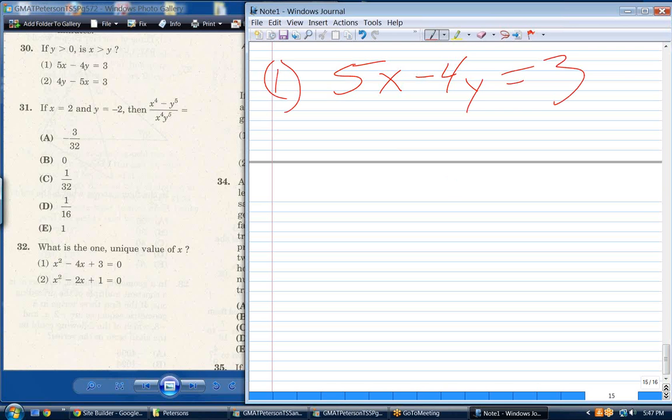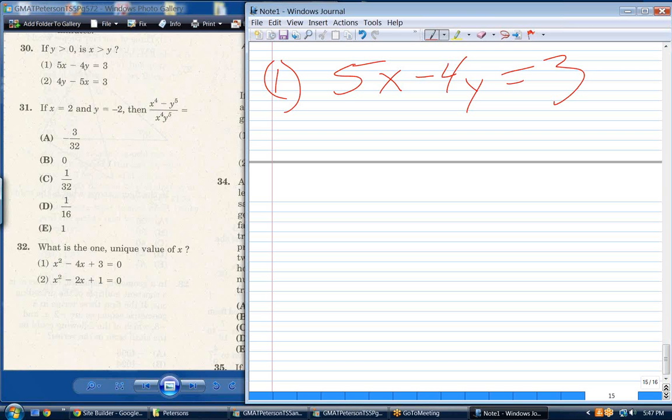Not that easy, because they've said y has to be greater than 0. Does x have to be greater than y? No. I mean, it doesn't have to. I guess we just have to figure out. 5x minus 4y has to equal 3.